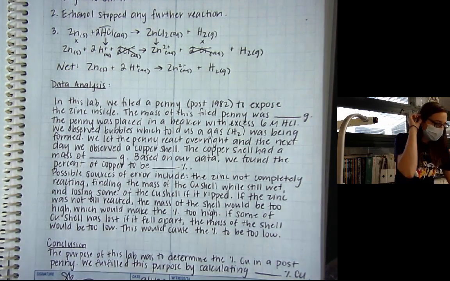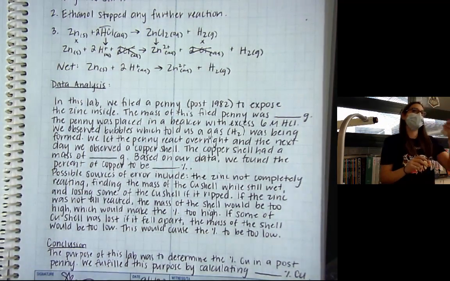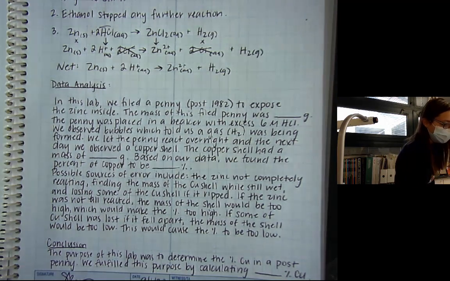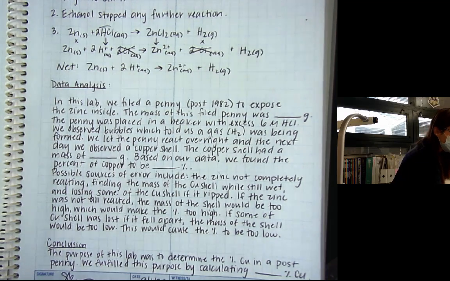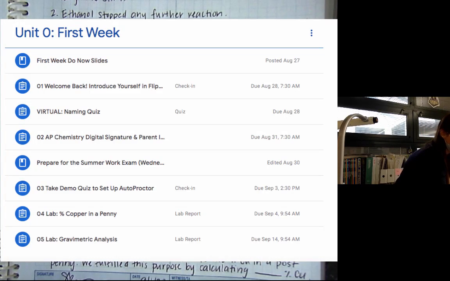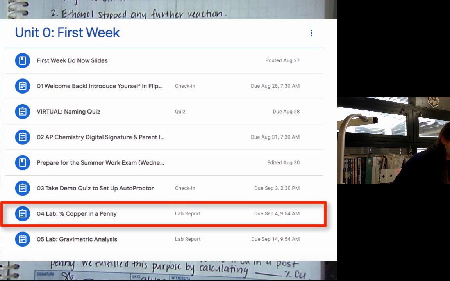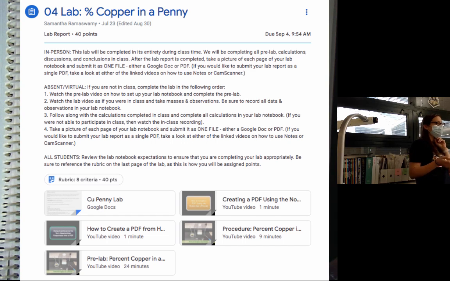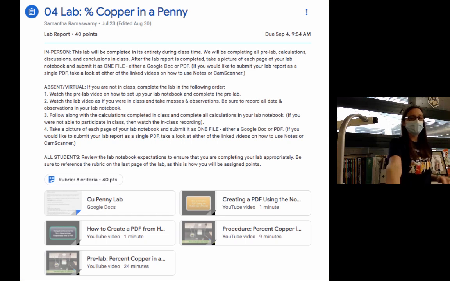So I'm going to show you where you'll turn it in. So when you go to Google Classroom, under classwork, because that's where all of our stuff is, assignment 4 is % copper and a penny lab. Whether you want to submit it as a Google Doc, so if you want to take pictures and put them into a Google Doc, you can.